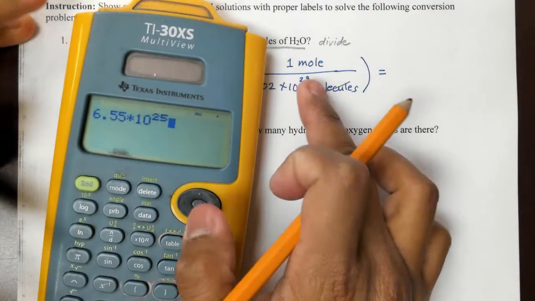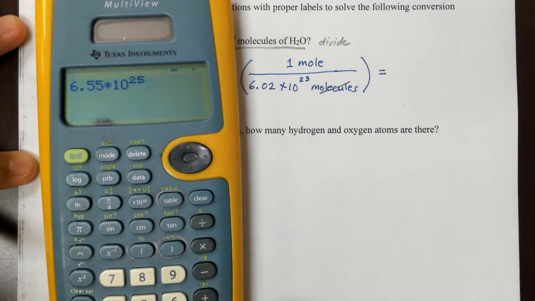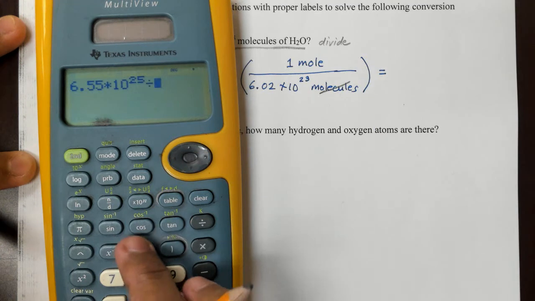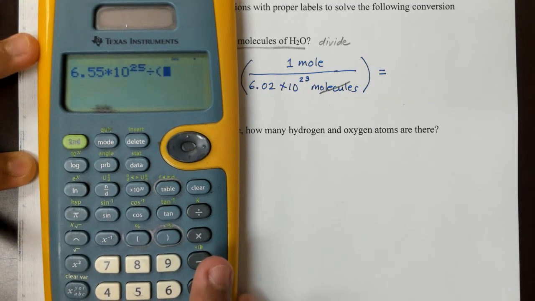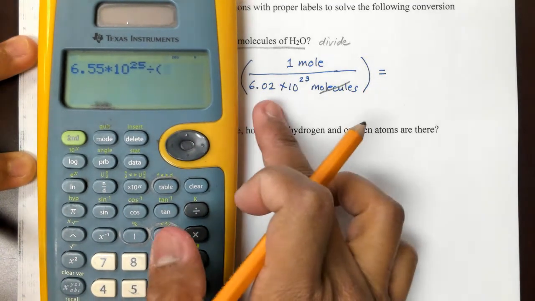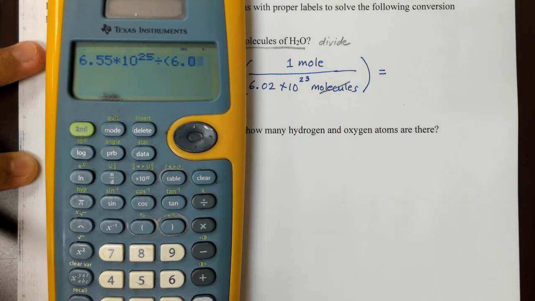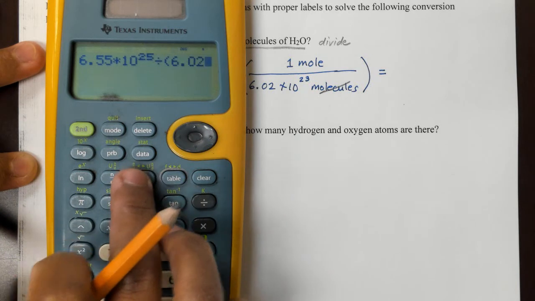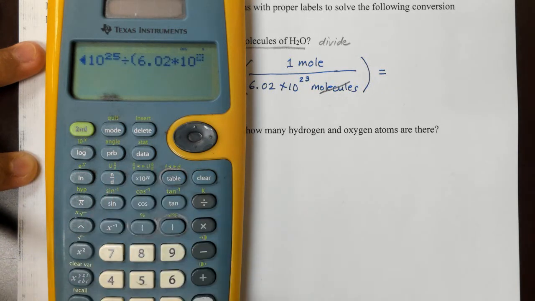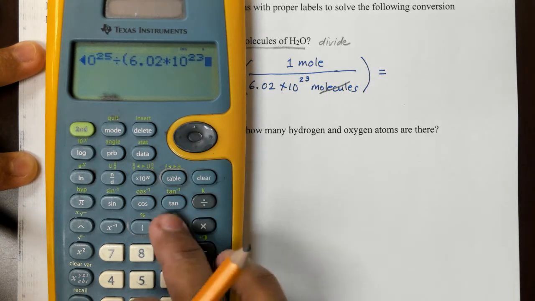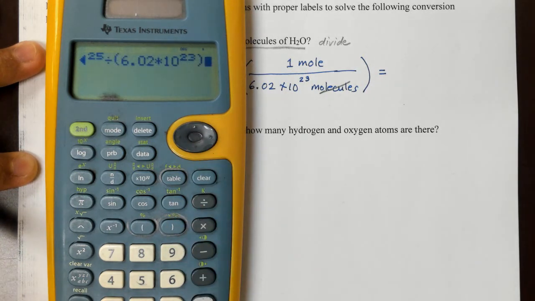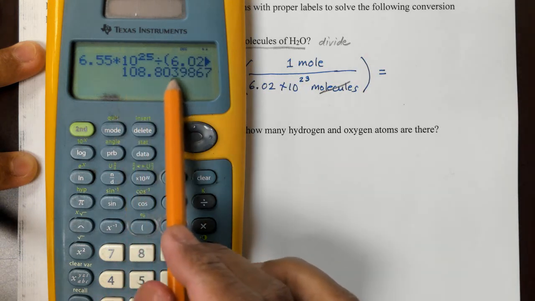Then I press divide. Then open parenthesis. I have to enclose that to make sure that I get the accurate answer. And I input the Avogadro's number. That is 6.02 times 10, times 10 to the n, and then 23. And then arrow to the right, close parenthesis. And now I am ready to press enter. And you will see all the answers in there.